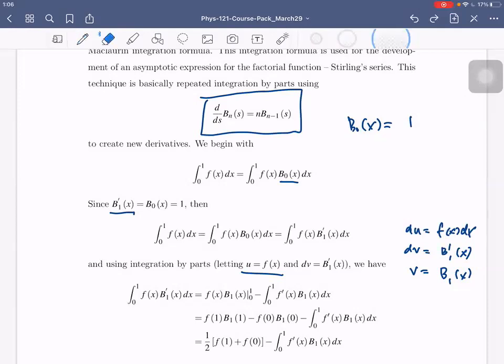Hold on. So your derivative is f prime of x.